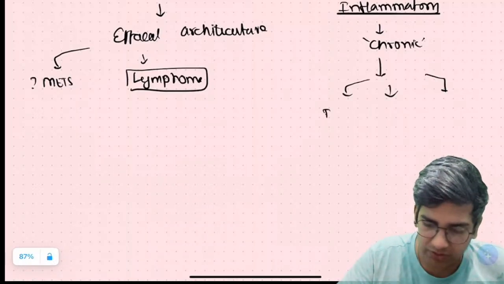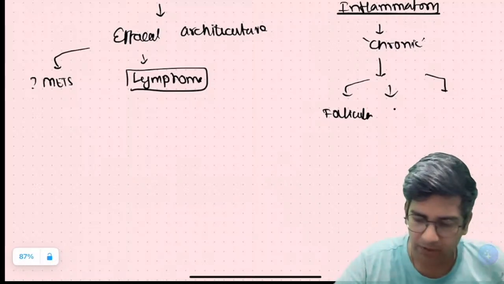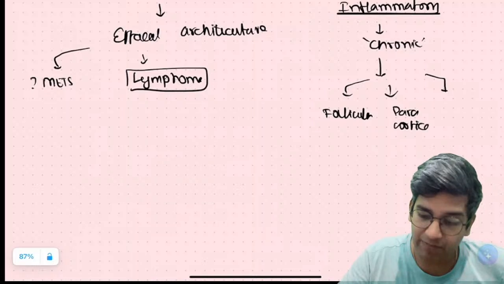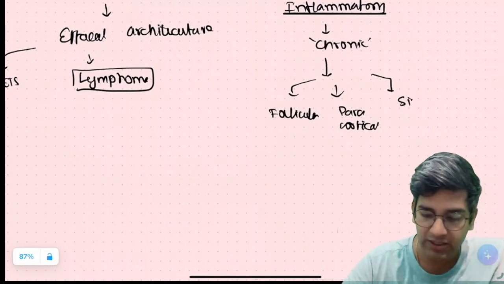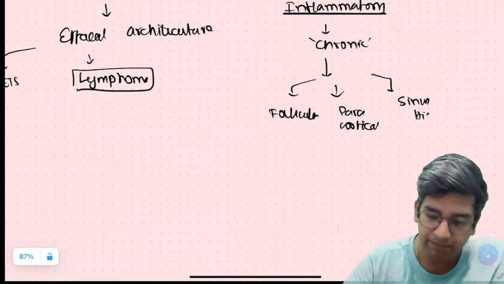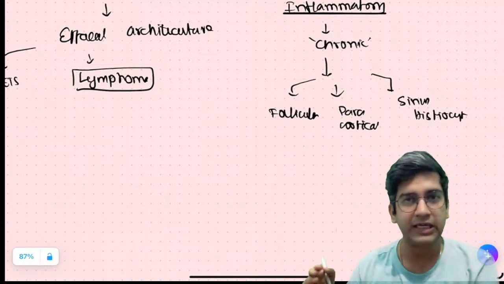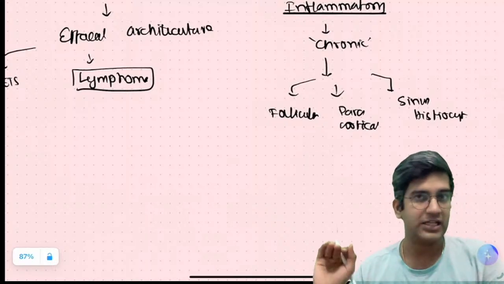One will be reactive follicular hyperplasia, which will still have the maintained architecture. The paracortical expansion, even though it's a very big expansion, still follicles will be maintained to some extent. Then sinus histiocytosis. These are the three basic ones, and all of them might have more or less a maintained architecture. I would not think of an inflammatory condition if the architecture is effaced. That's my first take, right?